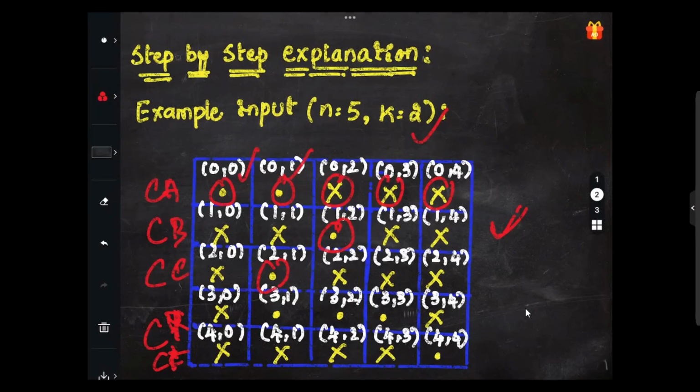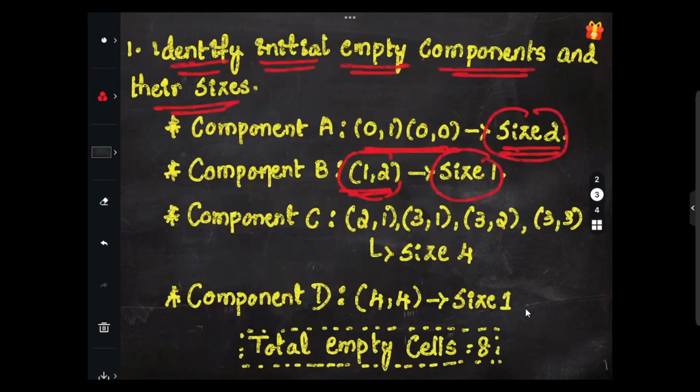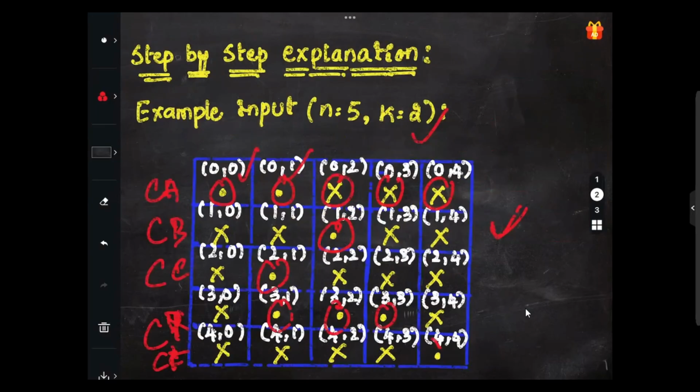You can clearly look into it, wherever we have a dot, right? So 2, 1, 3, 1, 3, 2, and 3, 3 we have dots here. So this part is of size 4. For component D, we have 4, 4, which is empty. See here, the dot, this part we have empty.